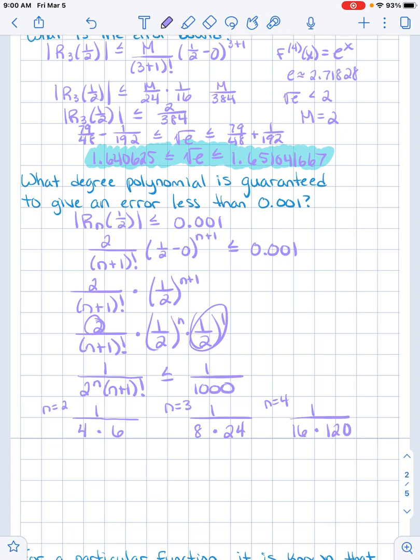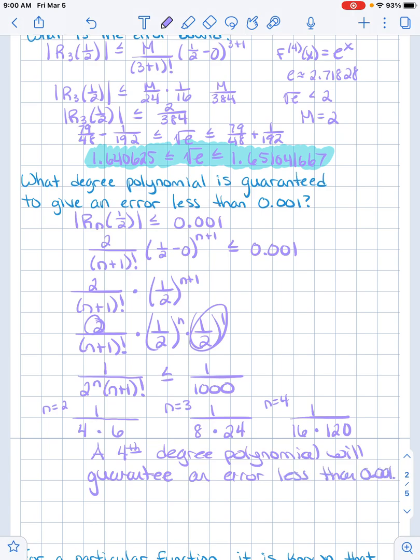And there it is, because 10 times 120 is 1,200. So I know that a 4th degree polynomial, sorry, the music just started outside, will guarantee an error less than 0.001.